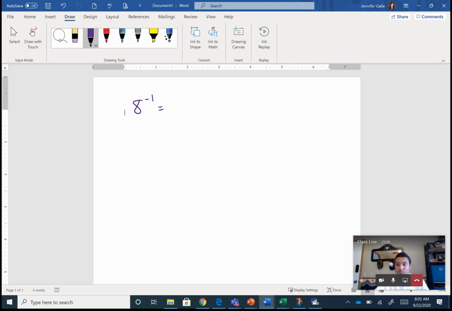Remember, if you need to, take out that graphic organizer if you're not sure. Take out your graphic organizer, guys. I see a few people with it out, refreshing themselves on what happened yesterday.